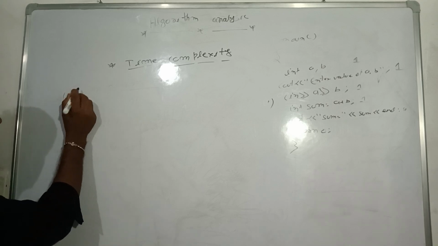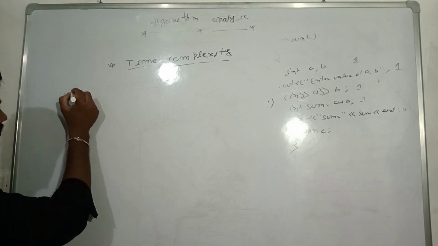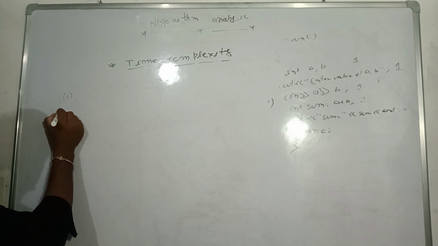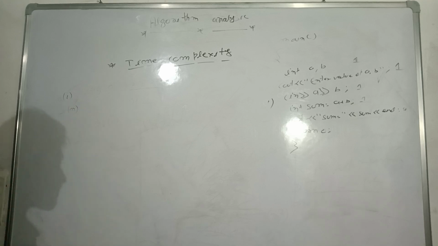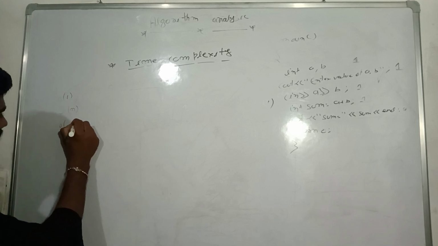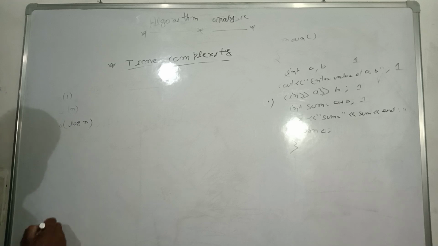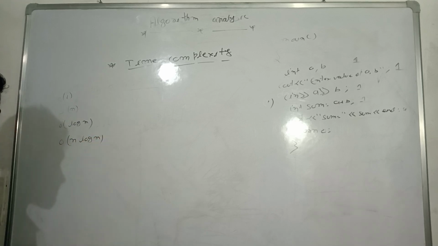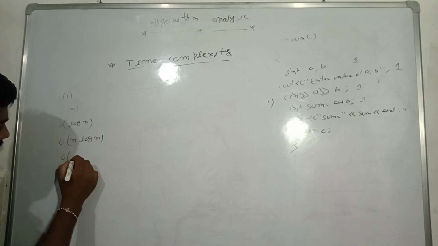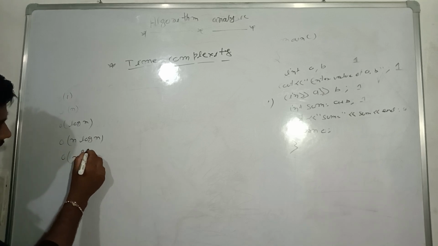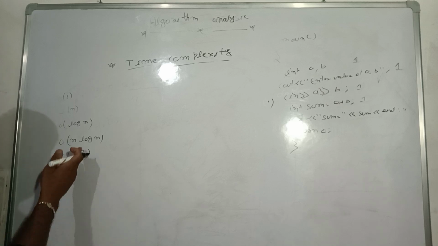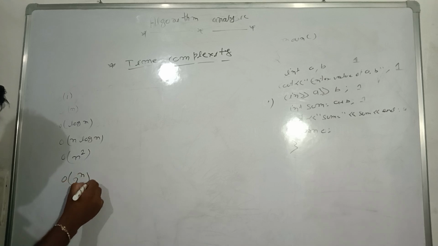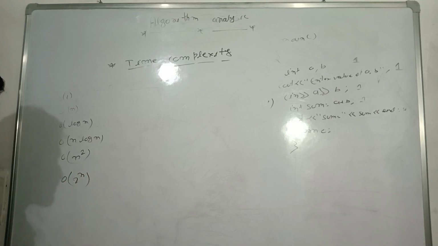After order of 1, we'll see order of n, order of log n time complexity, order of n log n time complexity, order of n square, exponential and logarithmic, and order of 2 to the power n time complexity, right?